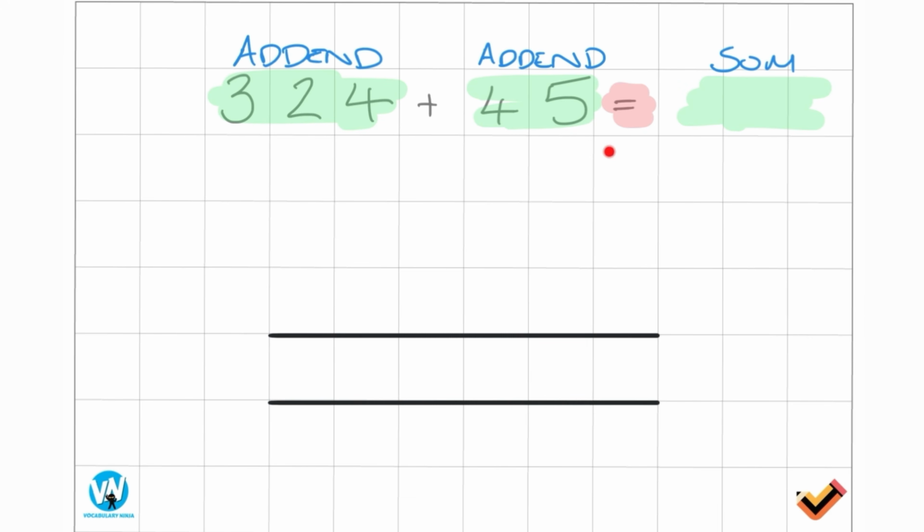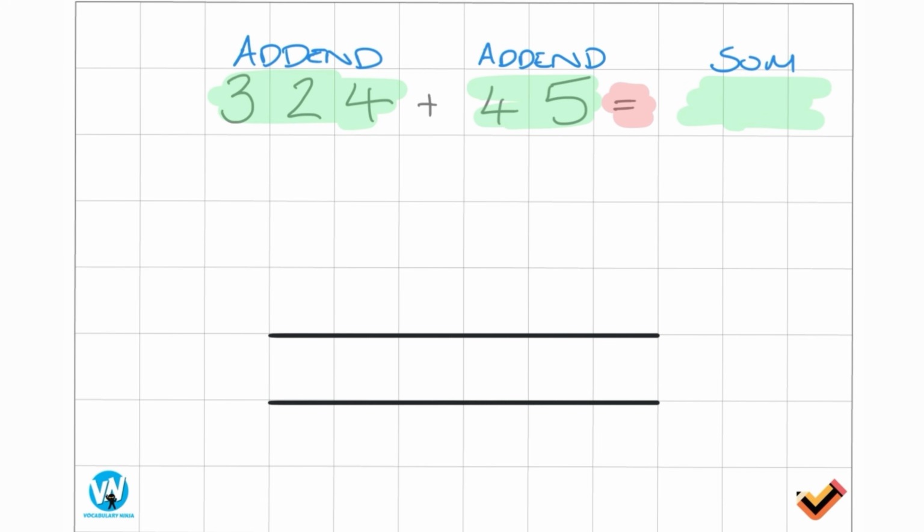So we've got 2 addends, the equal symbol and the sum. It's important to come back to this equal symbol and reference the fact that the equal symbol shouldn't just mean the answer. So this add this equals the answer, or is the answer. What the equal symbol actually means is that the sum of these 2 numbers is the same as this number.